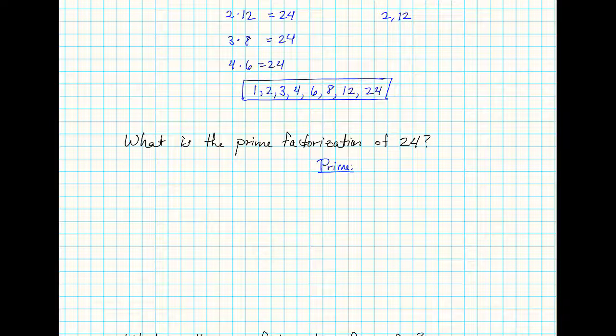So our first prime numbers are 2, 3, 4 is not prime because it is 2 times 2.